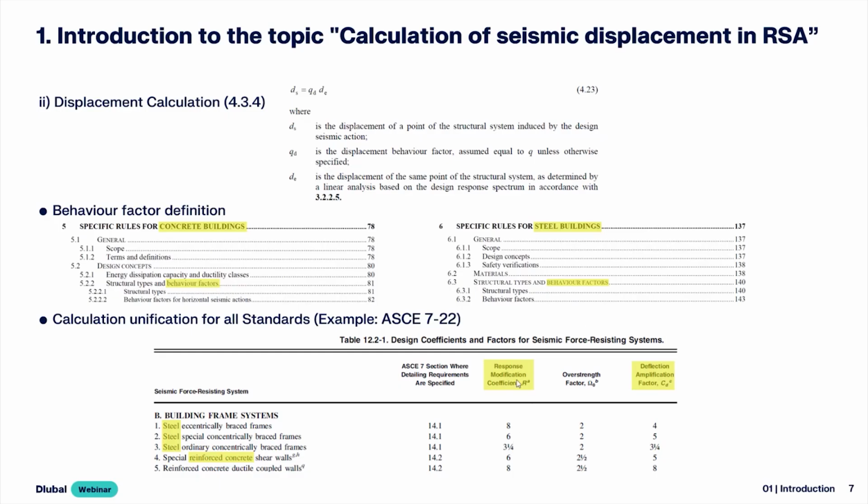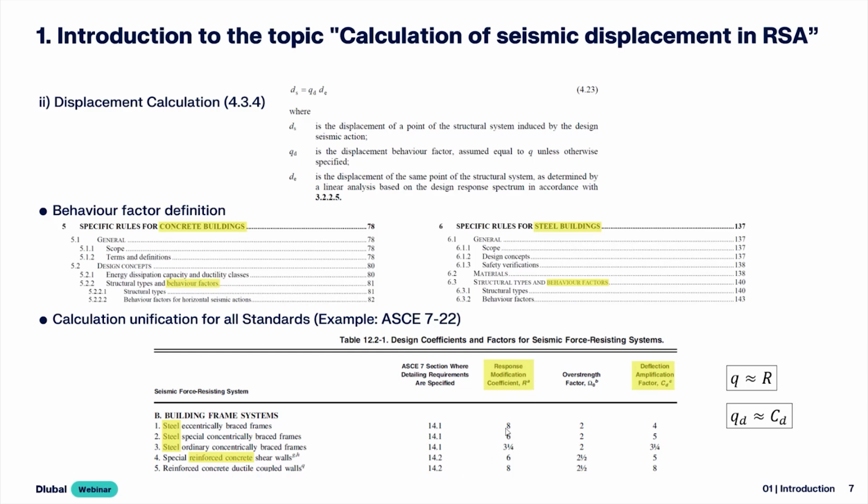So this response modification coefficient R is the equivalent to Q, and CD, the displacement coefficient, is like the equivalent to Q sub D. So one can write Q approximately the same as R, and QD approximately CD. Just from the values in this table, we see that the definition is not as trivial as I just said, as in Eurocode, where Q is equal to QD.